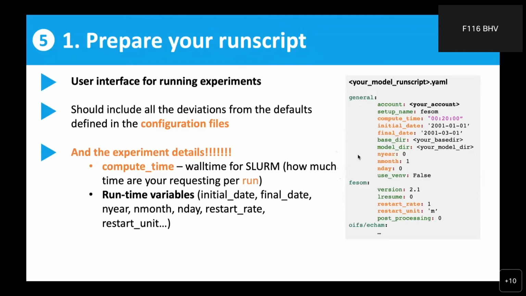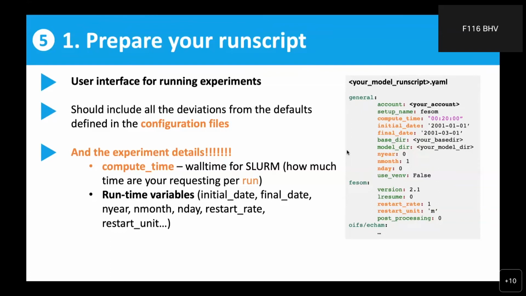If my run lasts longer than 20 minutes, Slurm is going to kill it on the way. So if I estimate that my run is going to be longer than 20 minutes, you can set it up to be 30 minutes. And bear in mind that when I've been talking about compute time, I've been saying run, and not whole simulation. This is not how much time you are requesting for your whole simulation. This is how much time you are requesting for each of the runs.